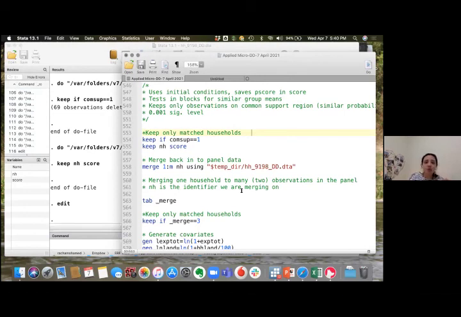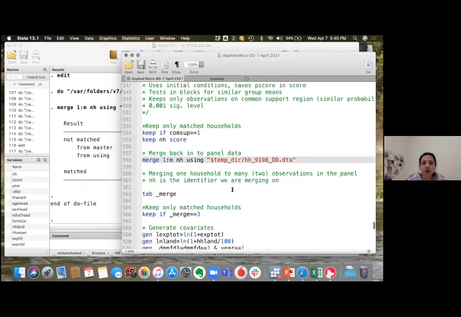Now I want to merge it again with all the characteristics for 91 and 98, to be able to implement the difference in difference methods on those households who are matched based on the PSM method. So I will merge again the data file I constructed with the original data.